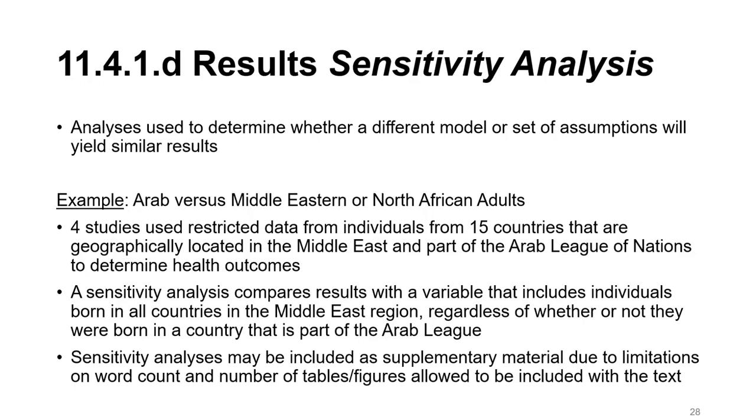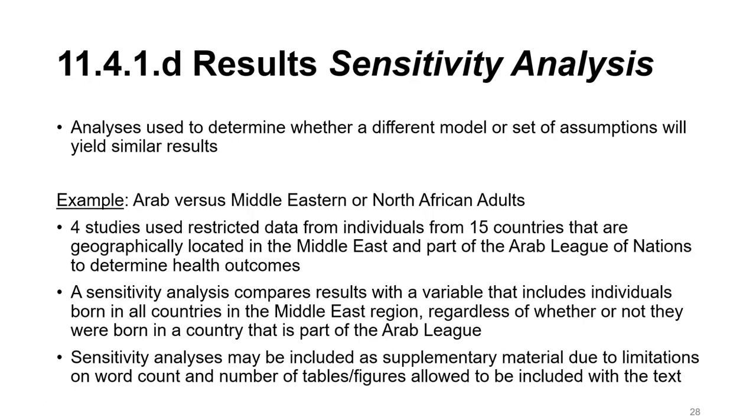However, if I wanted to use the public use data, I could just use the variable that has individuals born in the Middle East. Or it could be that I also want to include North African white individuals, because that is also publicly available data.